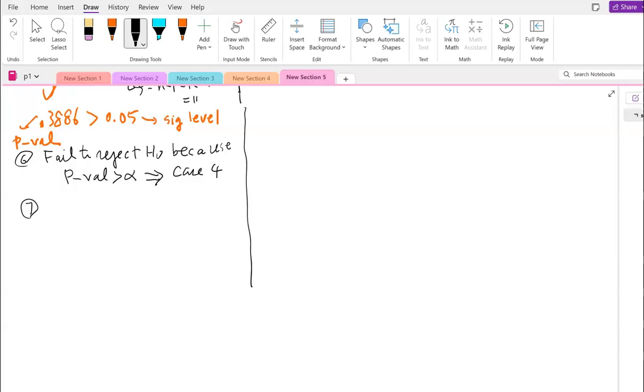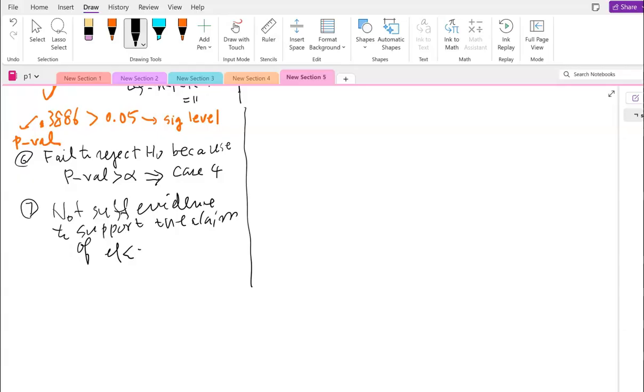So not sufficient evidence to support the claim of mu is less than 7, although the number of hours they sleep.